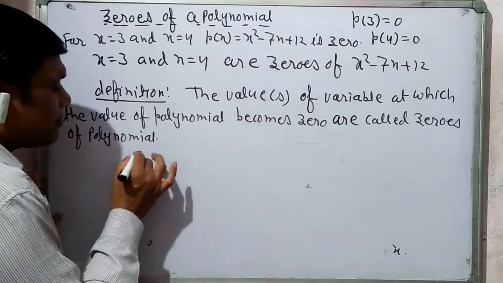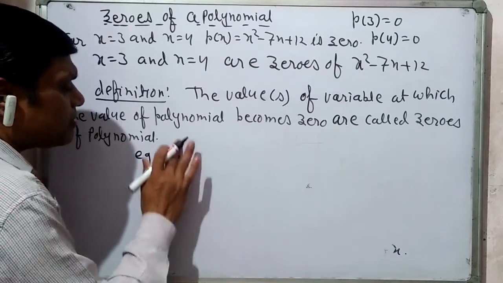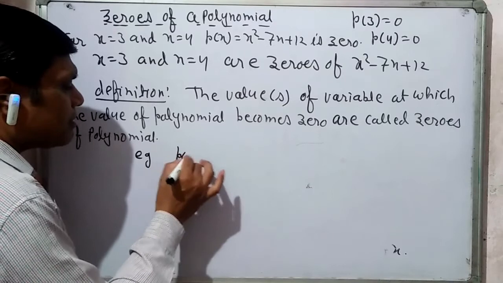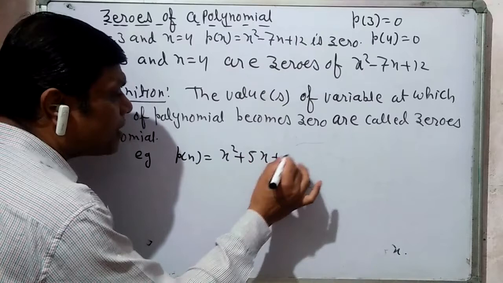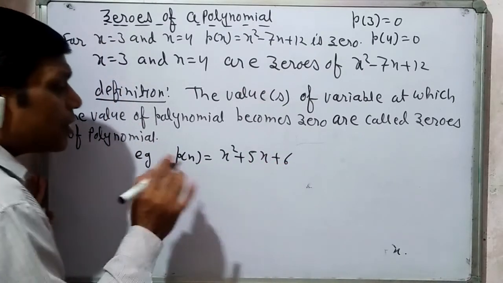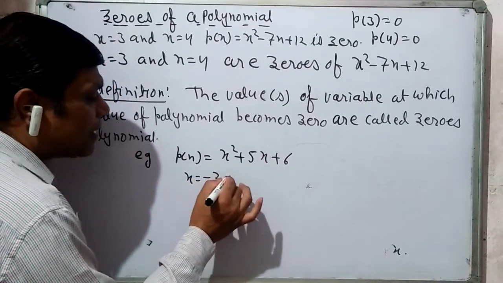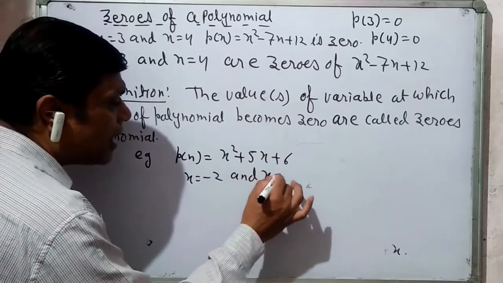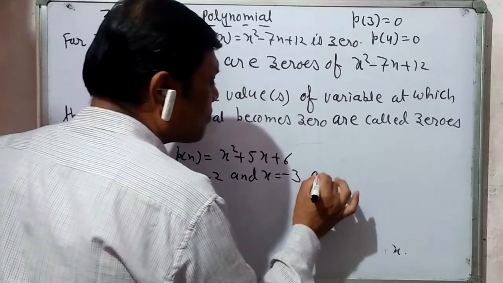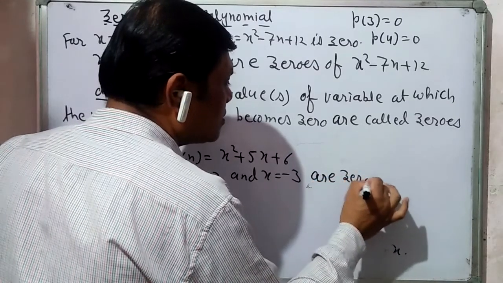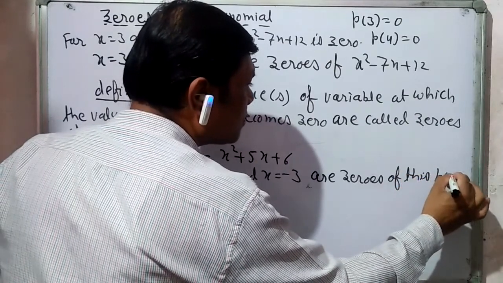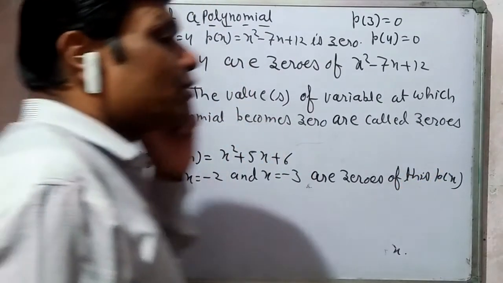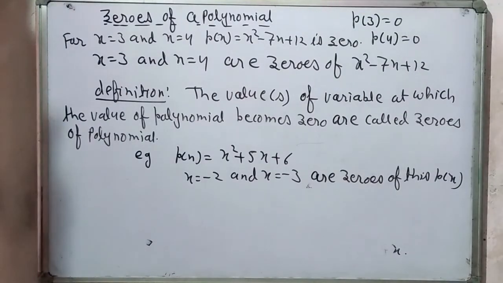For example, if we take p(x) as x square plus 5x plus 6, you can easily verify x equals minus 2 and x equals minus 3 are zeros of this polynomial. For this particular polynomial, the value of x will be minus 2 and x should be minus 3.